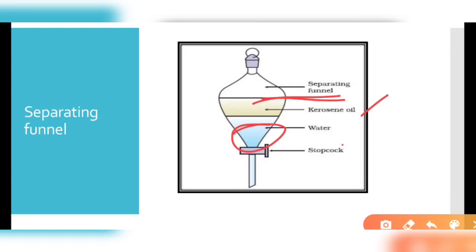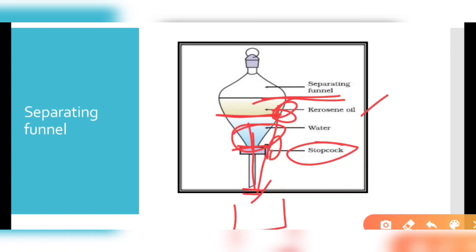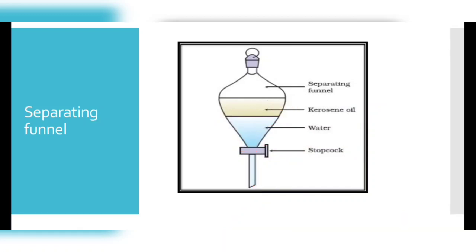In this funnel there is a stopcock. When we open it, the water can be collected in a container, and when this layer reaches the end point, we stop it again, and the other layer of kerosene oil we can get in the beaker itself. So we can separate liquids which are not miscible in each other.